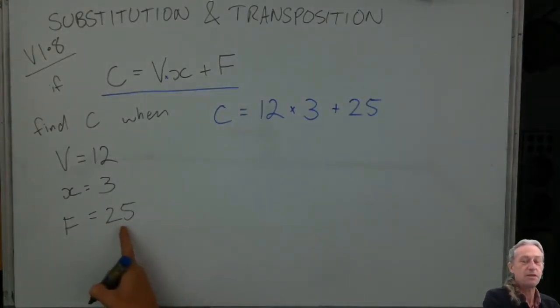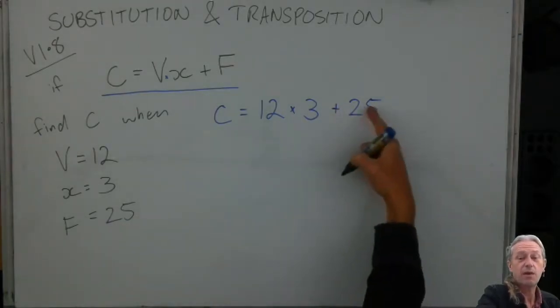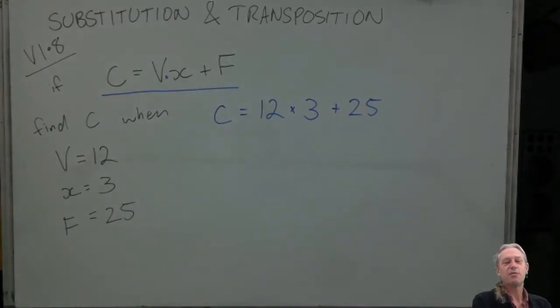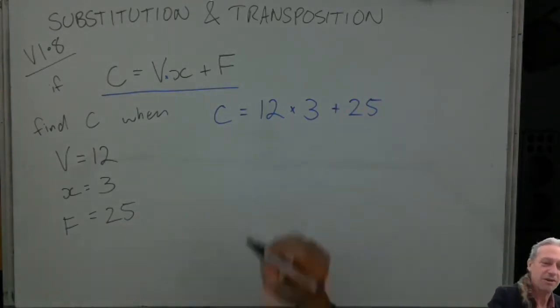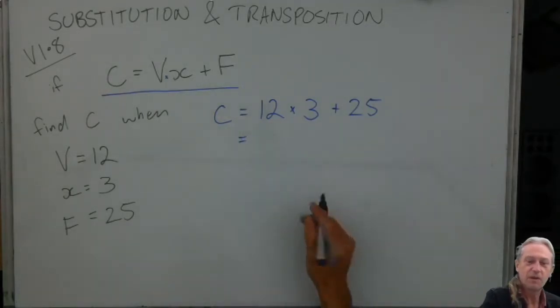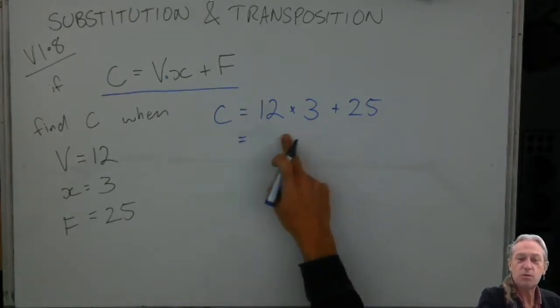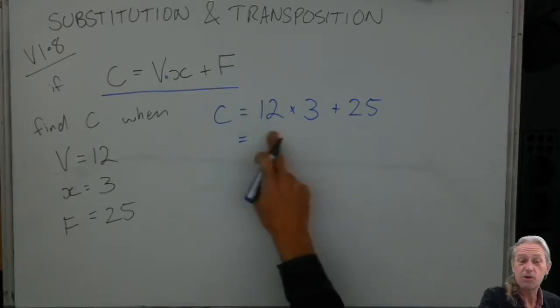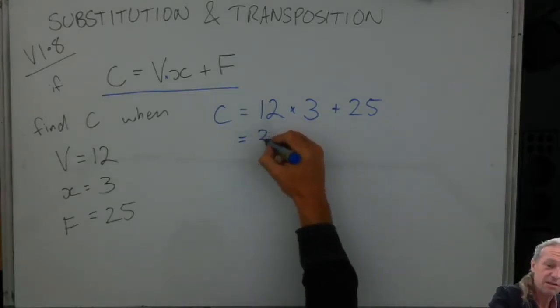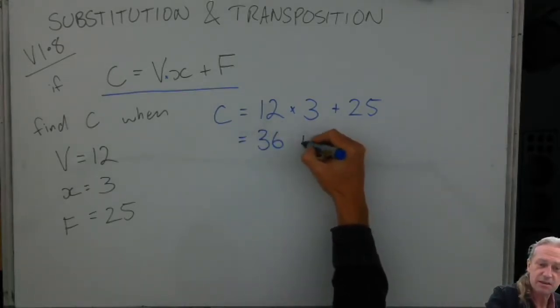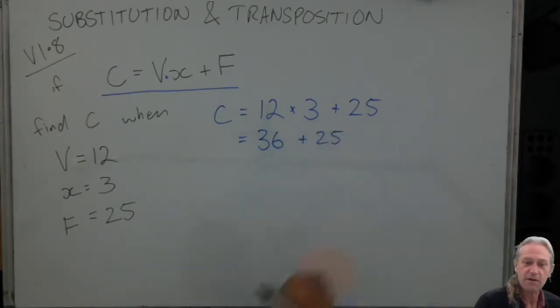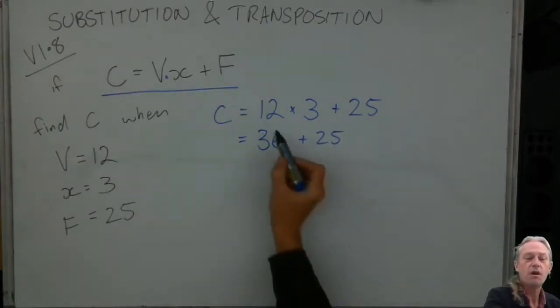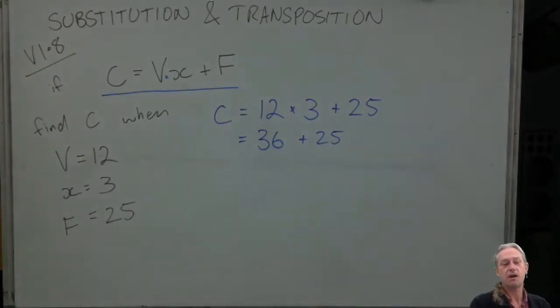If this number was negative, that would flip the sign over there. First thing, 3 times 12, because we do the multiply first, is 36. Then plus 25. Notice I'm only doing one thing at a time.